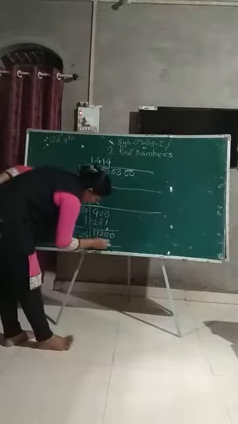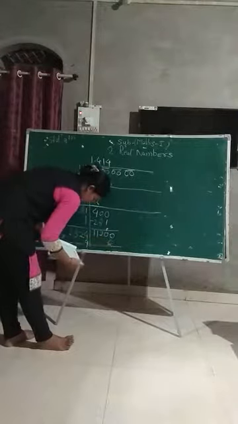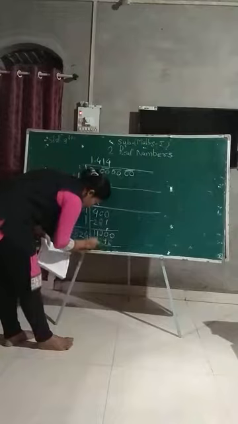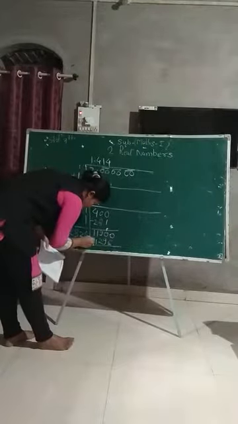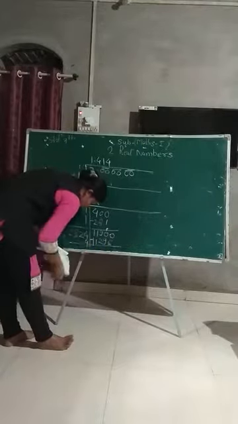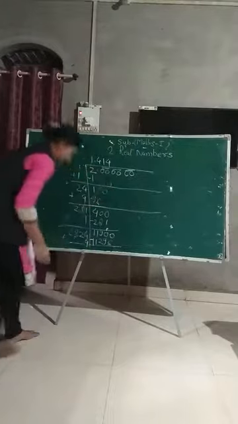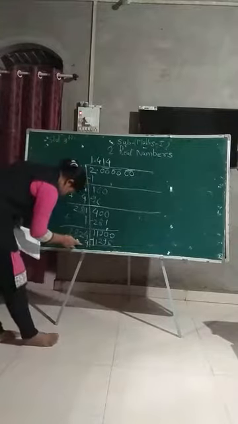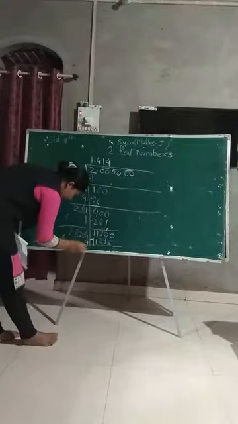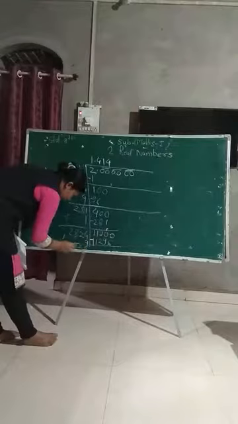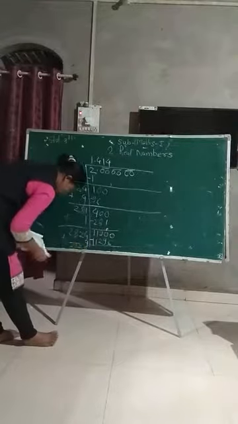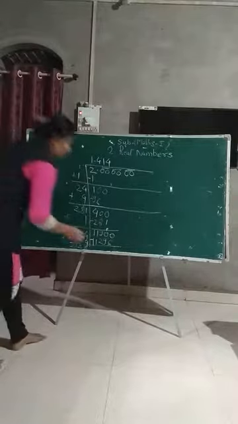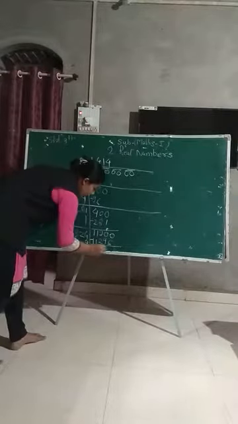Here we do subtraction. And here we do addition. 8, 2, 8, 2. Here we get 604.